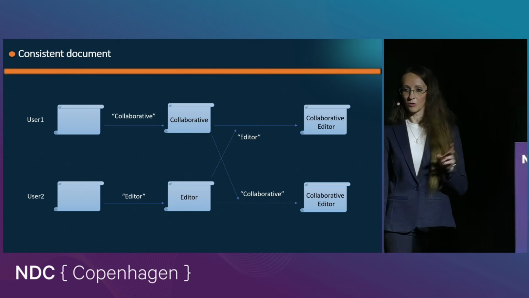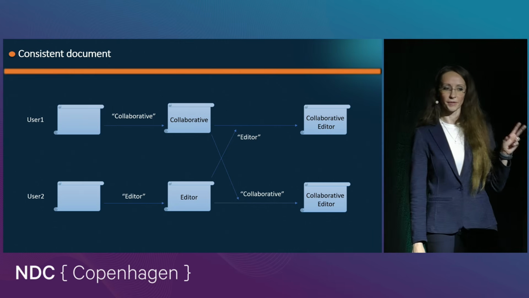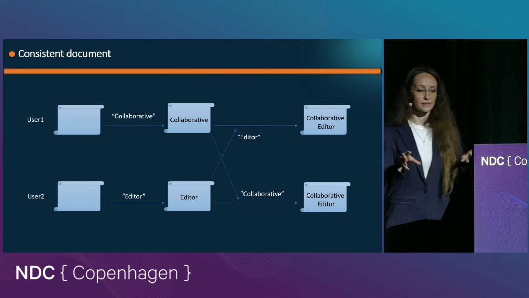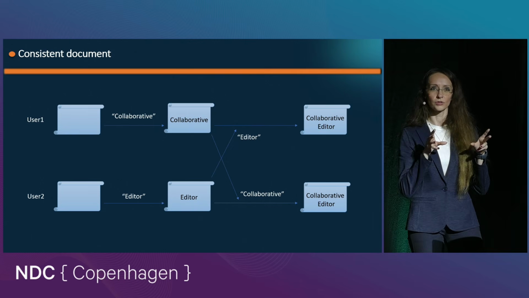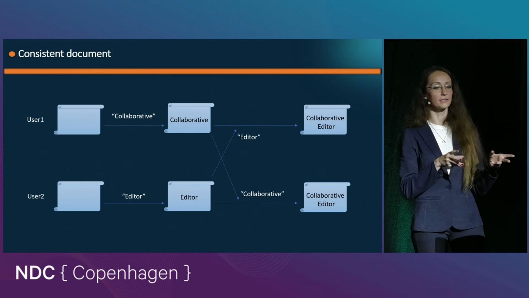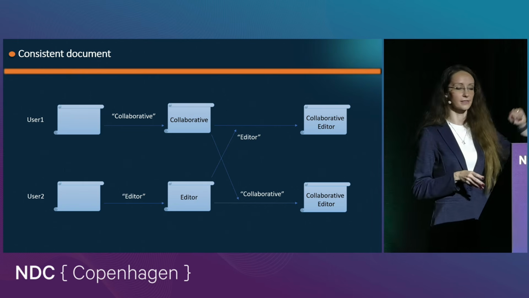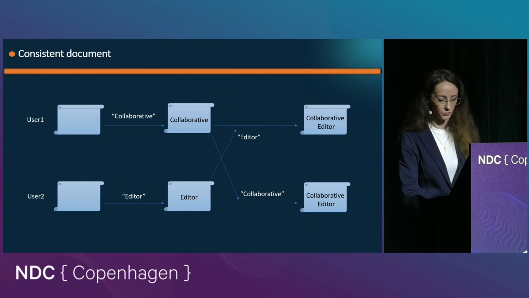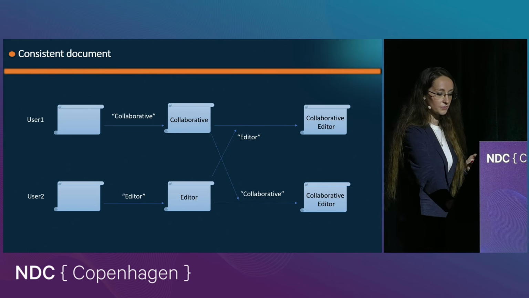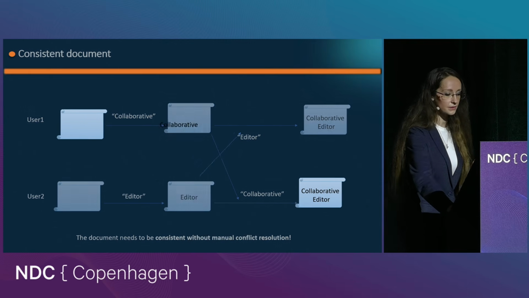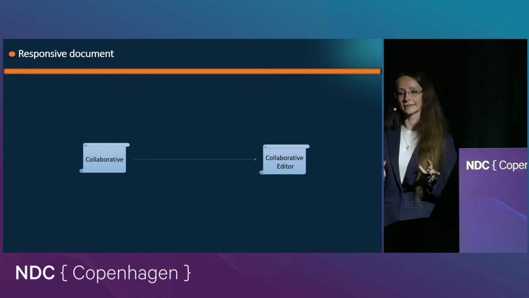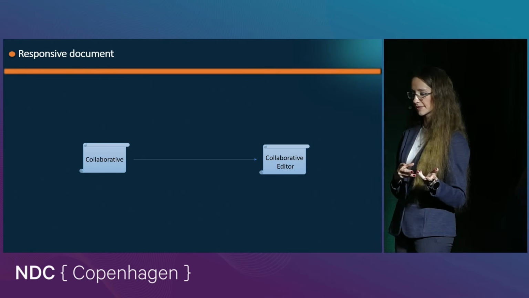But how about those conflicts? Because I mentioned explicitly that they are working in the exact same location. So how should we avoid prompting the user to manually fix how exactly he wants to have it in the document, editor collaborative, or the other way around? For this one, we started to look at how we can see the user intent better, so the responsiveness part.